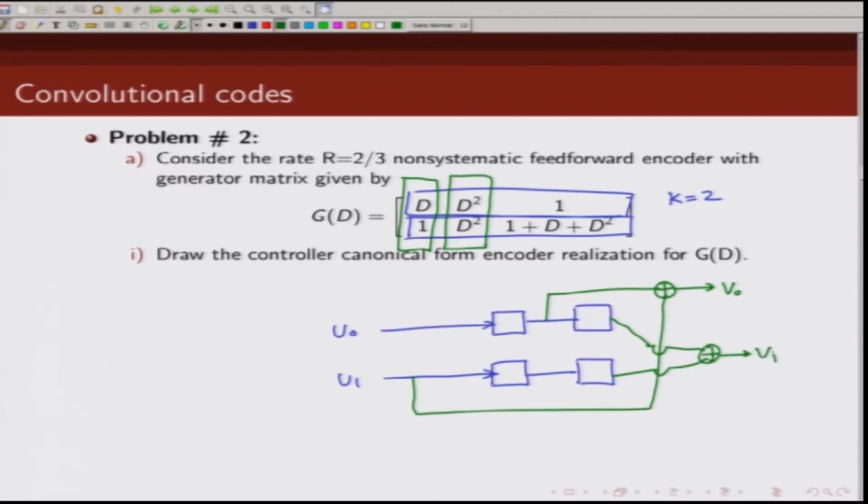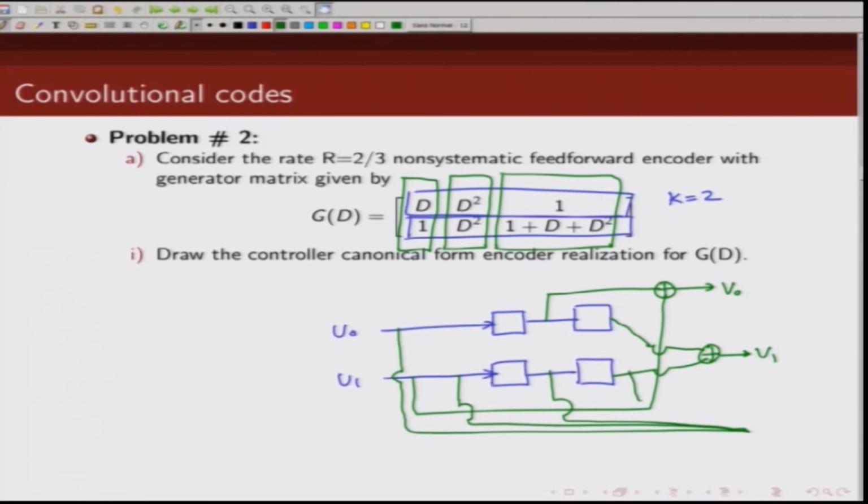So, this is your V1, and the third output is this. So, this is U1, and 1, D term and D square term. So, this is your controller canonical form realization for this generator matrix.